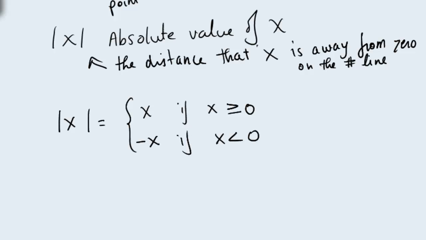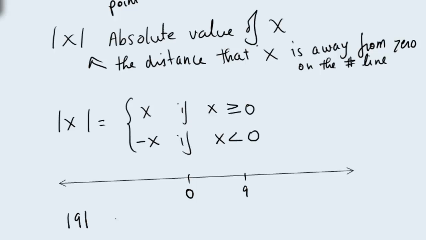It makes sense. So let's go back to the number line. Here I have my number line, and let's say here's my origin, my 0. If I want to know a distance to a positive number, let's say to 9, I know that the distance to 9, which is written as absolute value of 9, is going to be equal to 9, because that's how far away the number 9 is from 0.